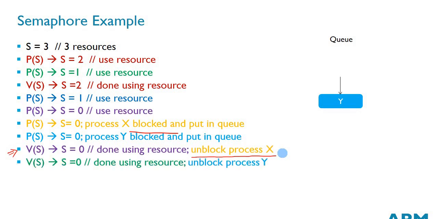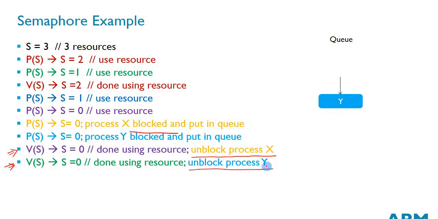Similarly, the next person who releases another resource also does not affect the count because there was also another task, Y, that was waiting in the queue. So when another resource is released, the count does not increment, it automatically gets allocated to the task that is currently in the queue.